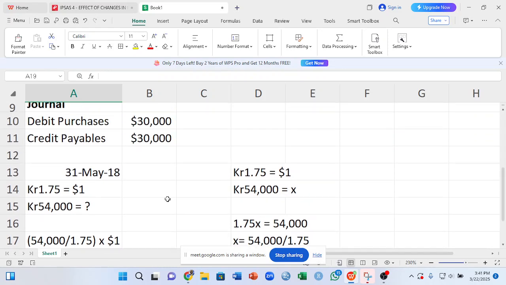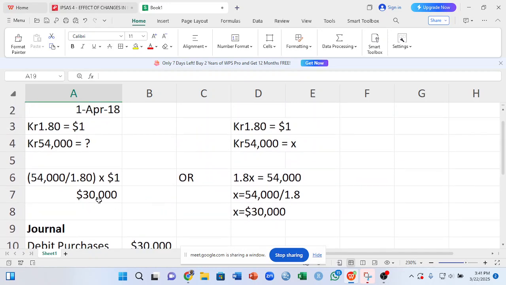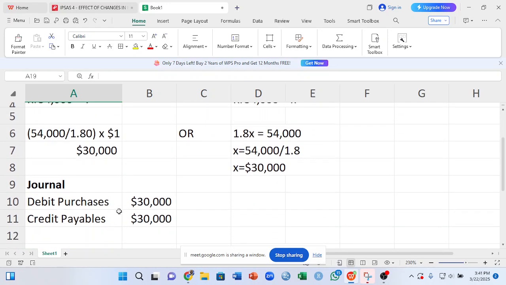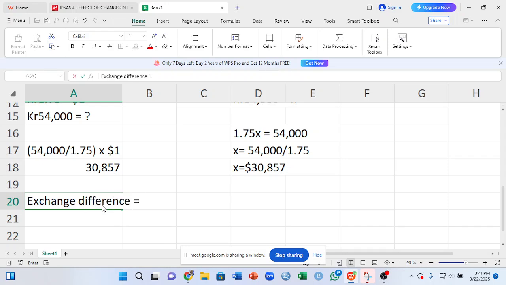But bear in mind that at the opening date, when we translated, it was rather 30,000. That should let you know that we will incur what we call an exchange difference at this date. So what would be the exchange difference? You just pick the closing value minus the opening value.